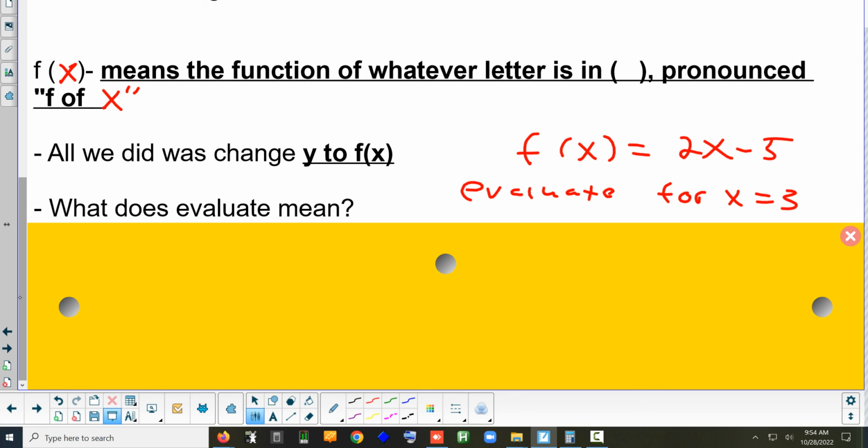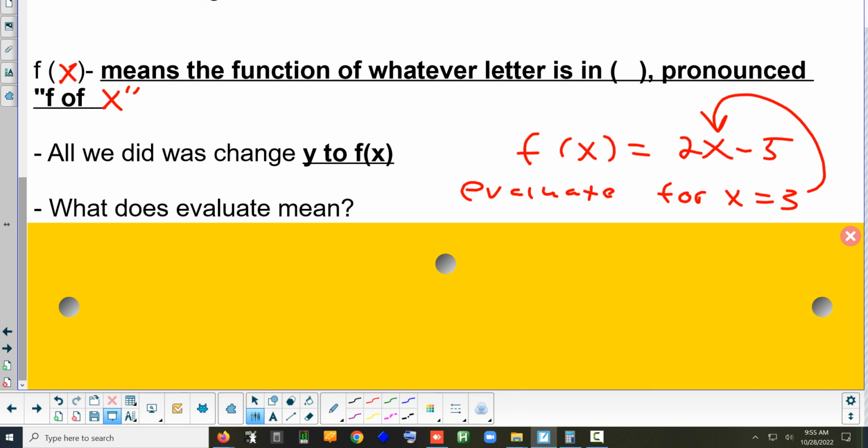Okay, so it says evaluate when x equals 3. So what are you going to do with the 3? You're going to fill in all the 3 for all the x's. You're going to take the 3, fill it in for the x, and then tell me what you get is the answer. That's what evaluate means.